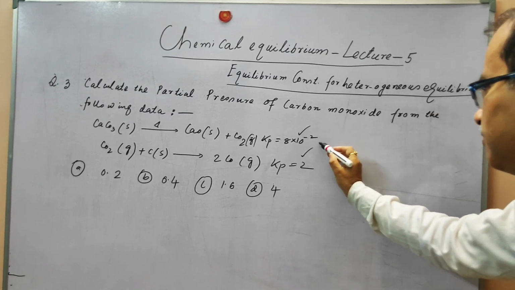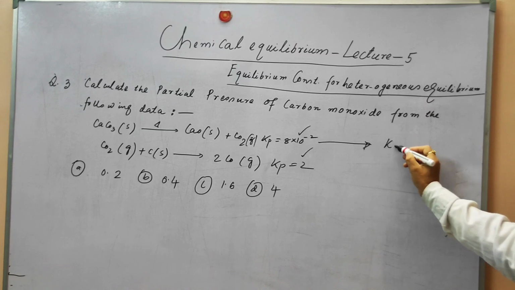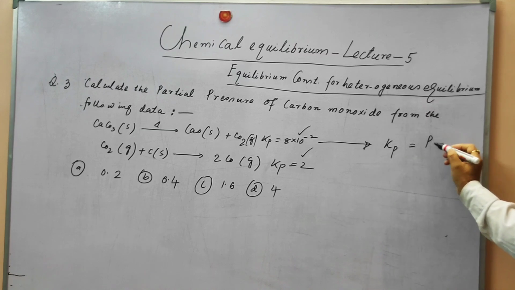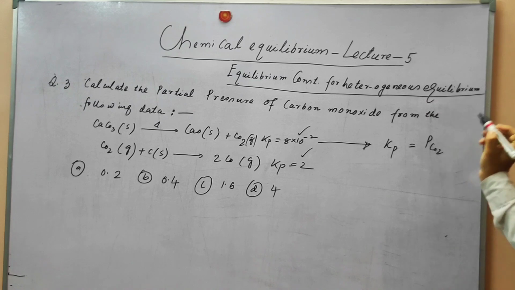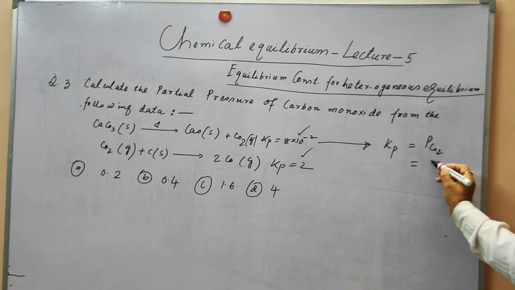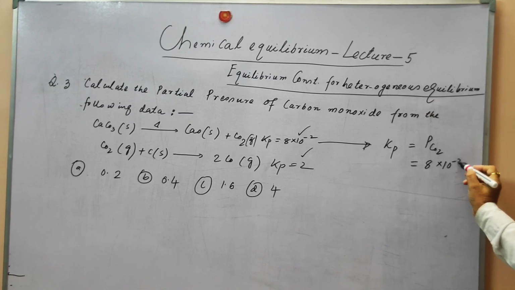So from this equation you can understand that Kp is basically the partial pressure of carbon dioxide. So we can write this Kp is given, so the partial pressure of the carbon dioxide will be 10 to the minus 2. Okay.